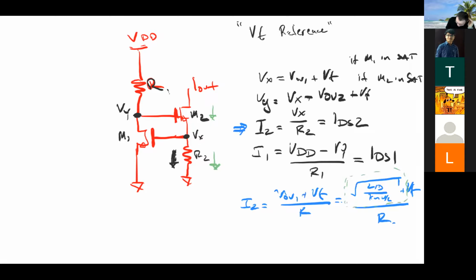So through sizing, we make VOV2 much, much less than VT. How do I do that? How do I make this VOV small relative to VT? What in this equation can I change?